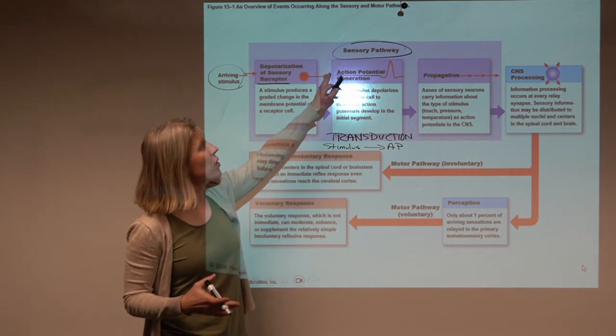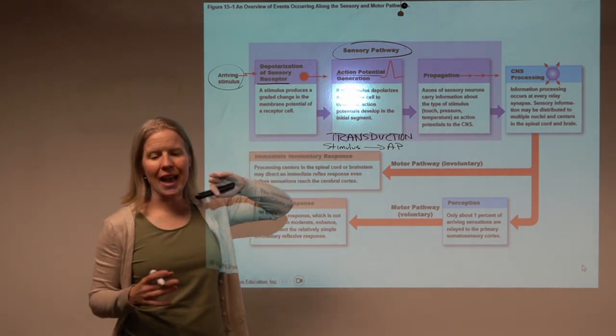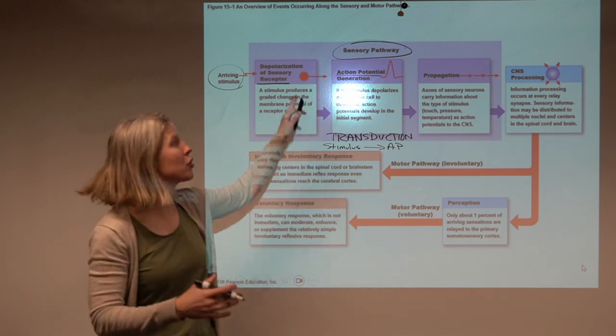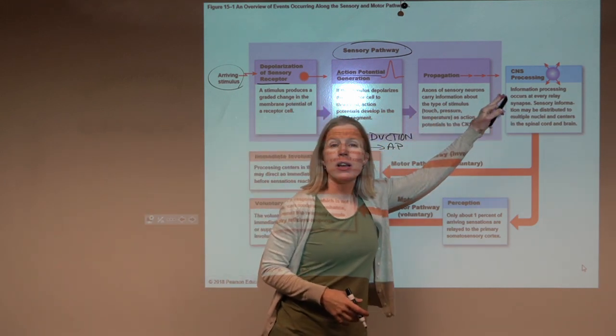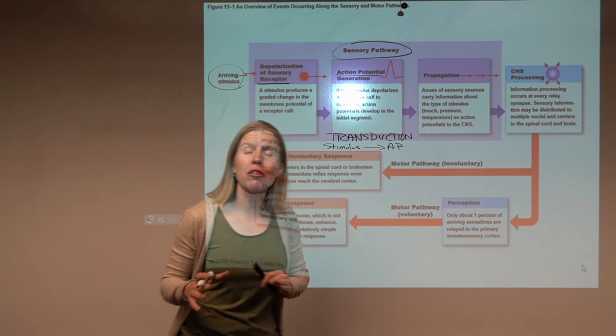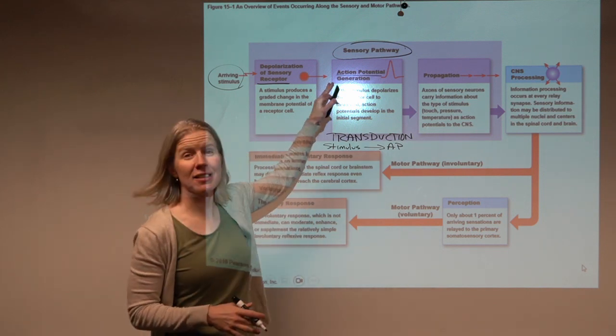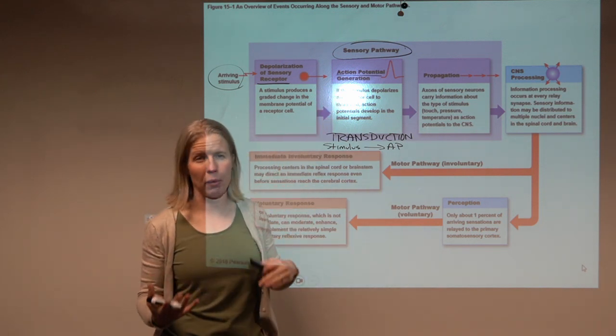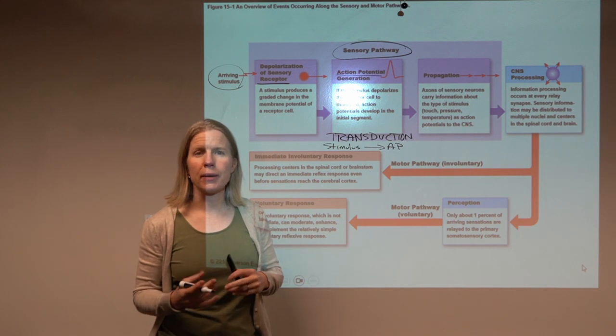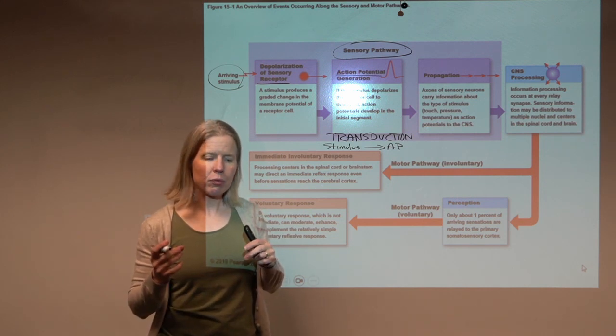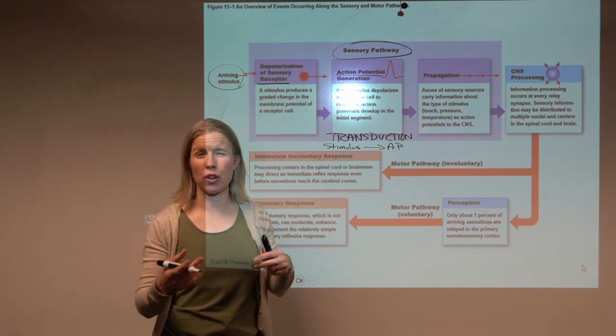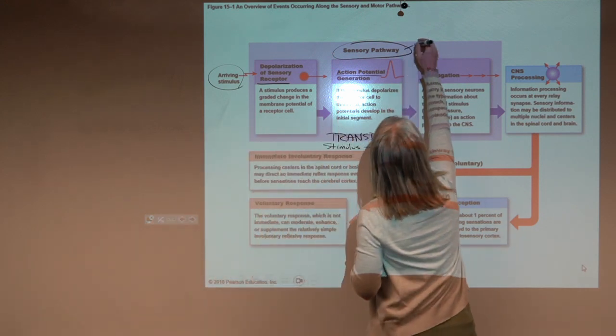Okay, so this sensory pathway then is how we're actually carrying the action potential towards the central nervous system. And as we get further into the chapter, we will look at this sensory pathway actually being quite complicated. So what we'll see is that these signals are carried on what's called a labeled line.